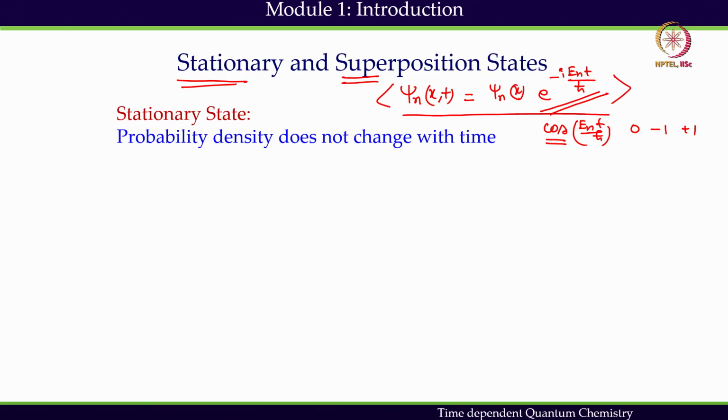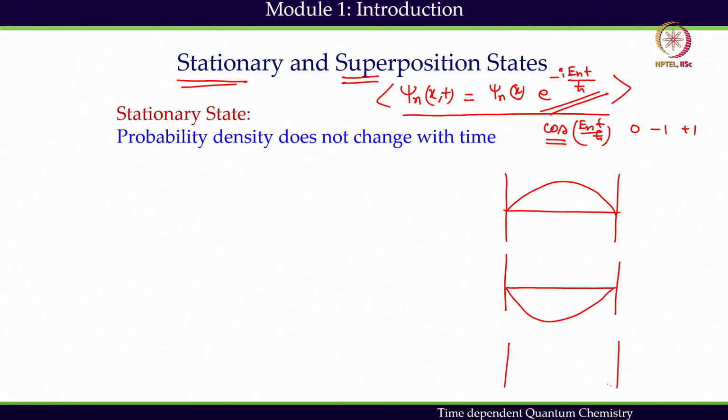So, if we look at this wave function, for example, at a particular time it may look like this, next time it may look like this, again it may look like this. So, it is continuously changing as a function of time. Changing what? Changing its phase.